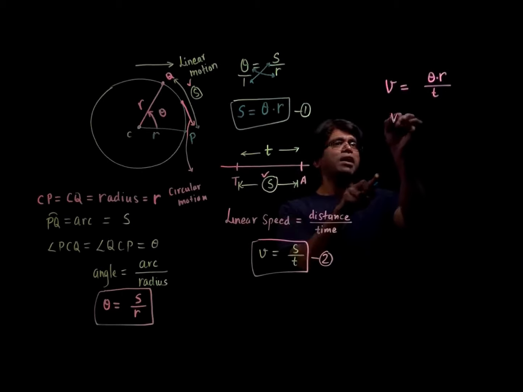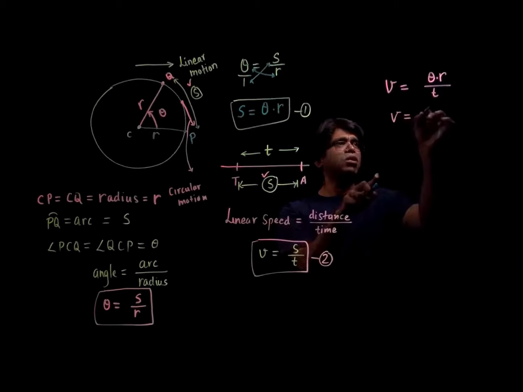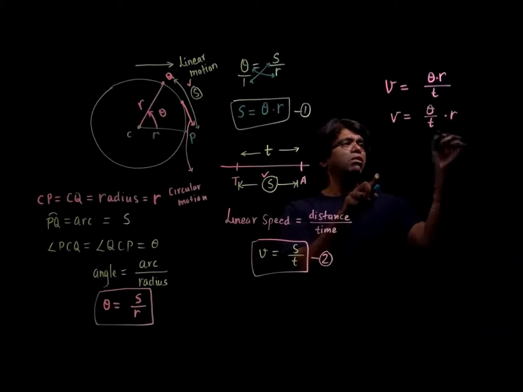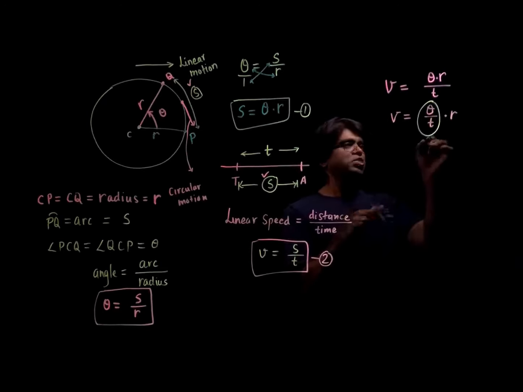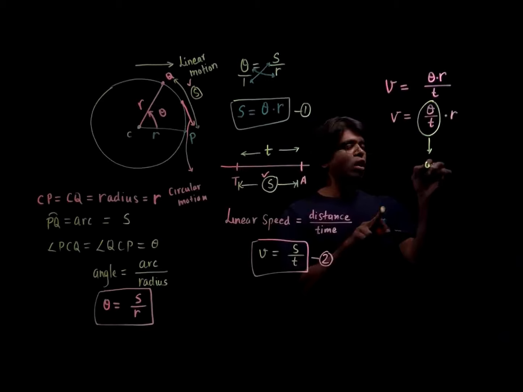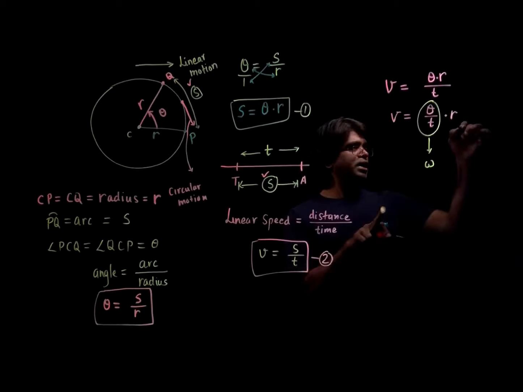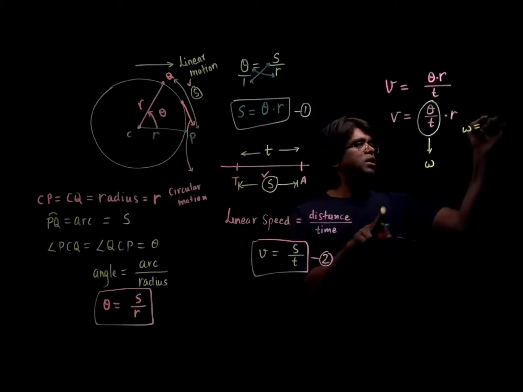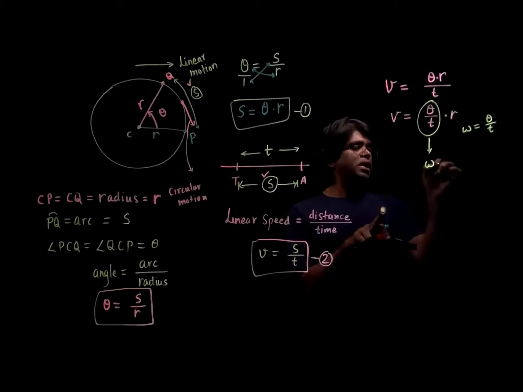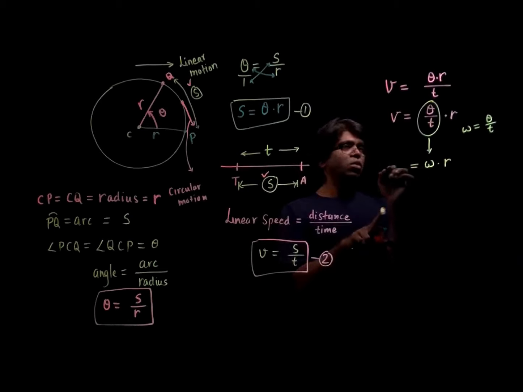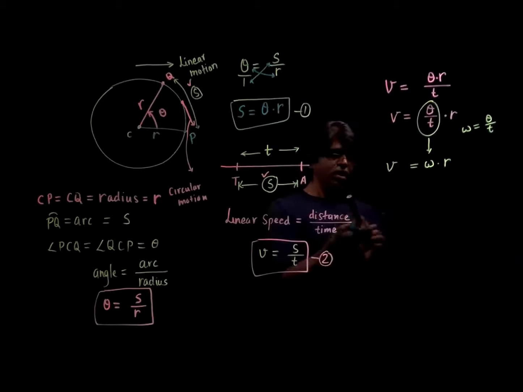Let's simplify, and we write v is equal to theta over t times R. Just to let you know, theta over t is a quantity we call omega. So omega is theta over t, and then I have my radius R. This is equal to velocity v.